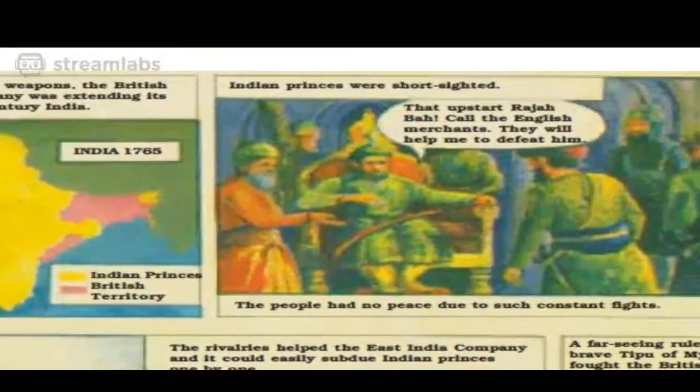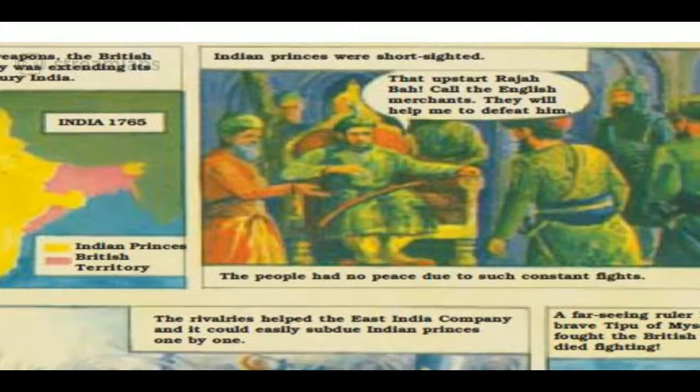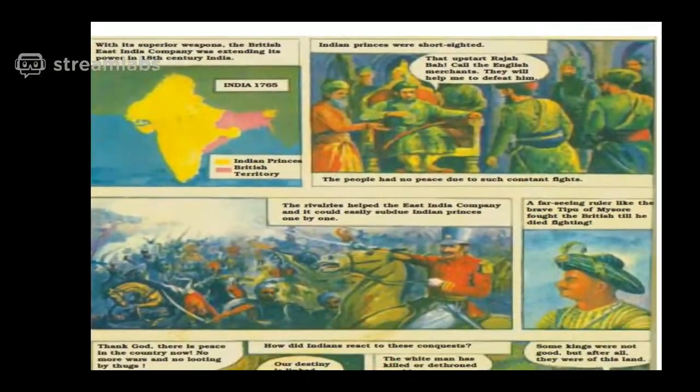The rivalry among the Indian rulers, Indians, they were jealous of each other, and they thought that the British were going to help them in overthrowing the other king. And so they took help of the Britishers in overthrowing their neighbors, the other kings, and in this way, the British were indirectly interfering in the affairs of the country.